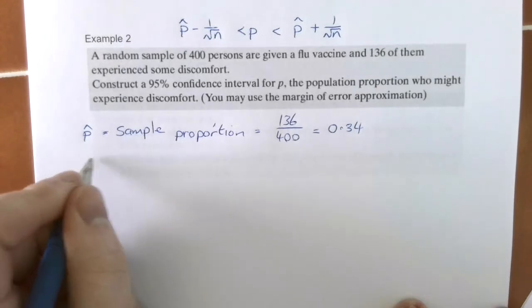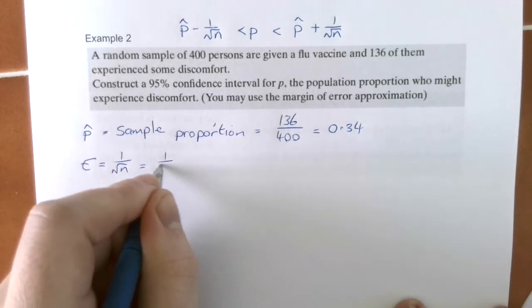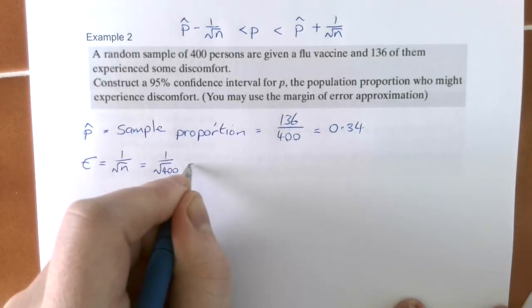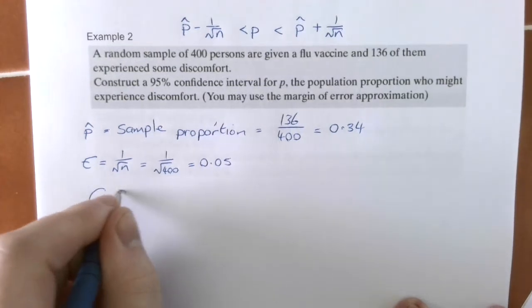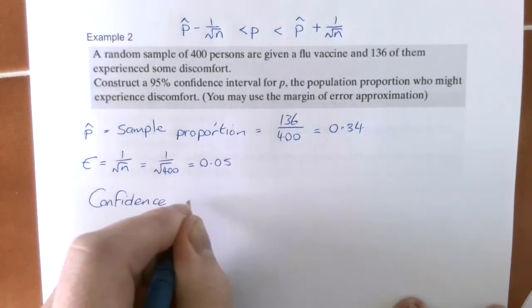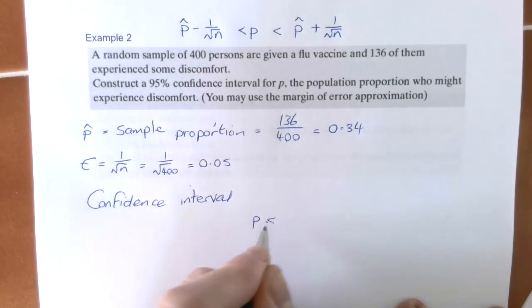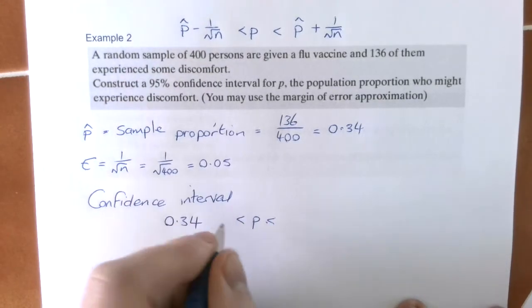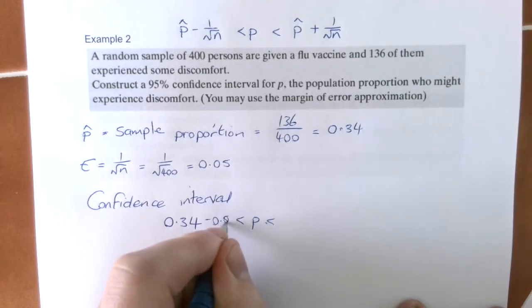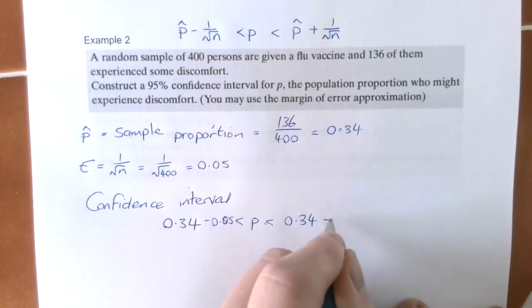We also need to work out what the error is going to be. So it's going to be 1 over the square root of n, which is equal to 1 over the square root of 400, and that is equal to 0.05. Seen that already in the example above. And then to actually construct the confidence interval, it's going to be p hat in the middle, and then we're going to use our formula. So it's going to be 0.34 minus the error, 0.05, and then 0.34 plus the error.